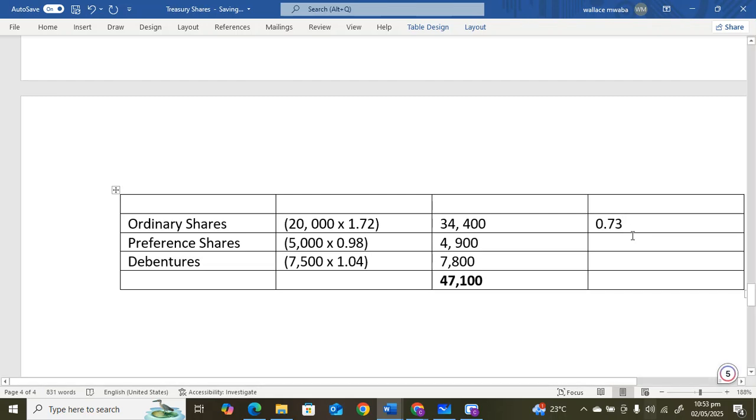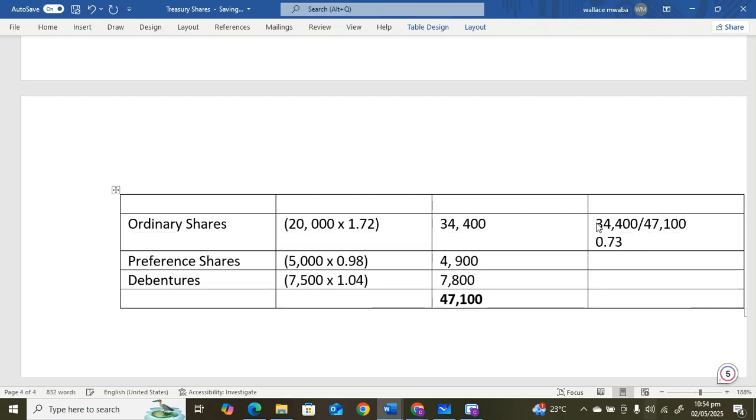Madam Tandiwe, what's it for preference shares? What's the weightage for preference shares?